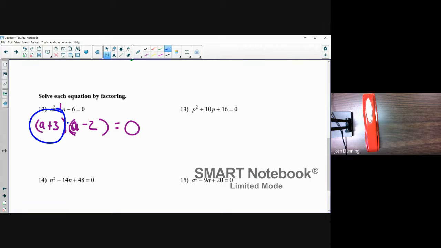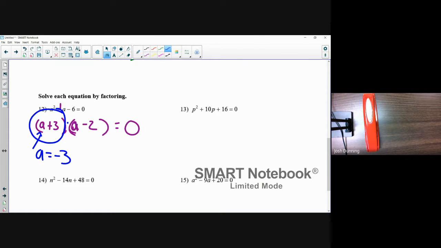If that one was 0, that right there would have to be negative 3, because negative 3 plus 3 would be 0. And then it doesn't matter what's in the other parentheses. 0 times that would be 0.